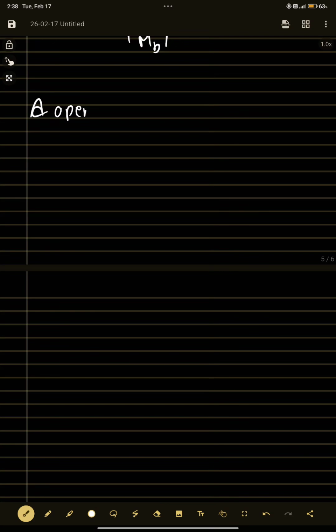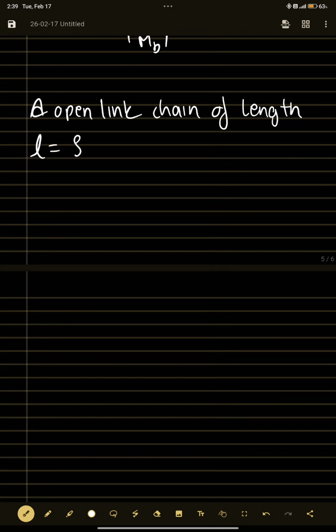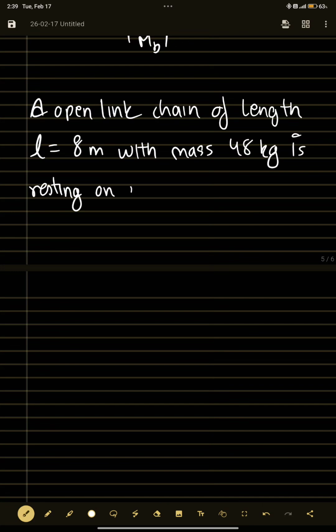An open link chain of length L equal to 8 meters with mass 48 kg is resting on a horizontal plane. Is resting on a horizontal floor.